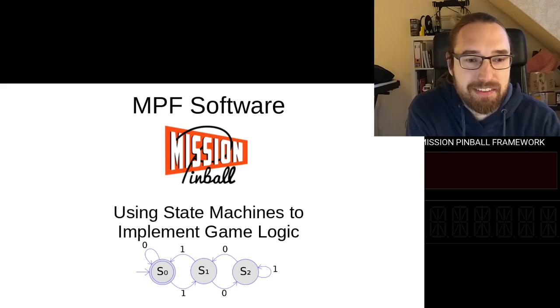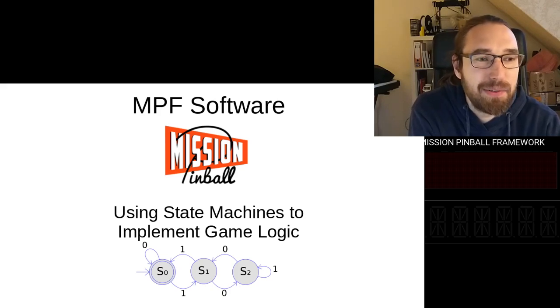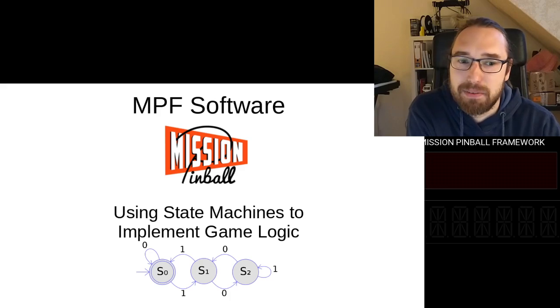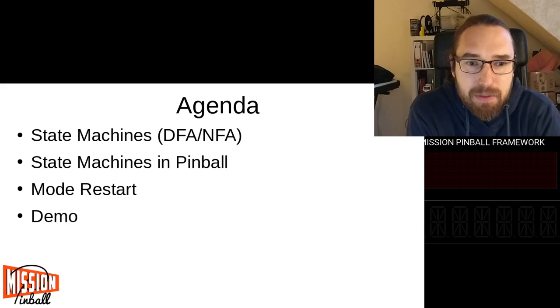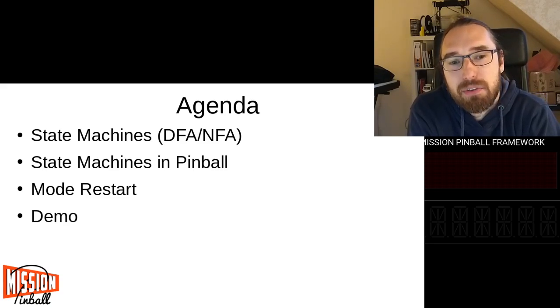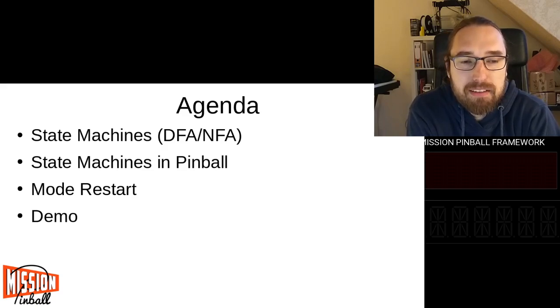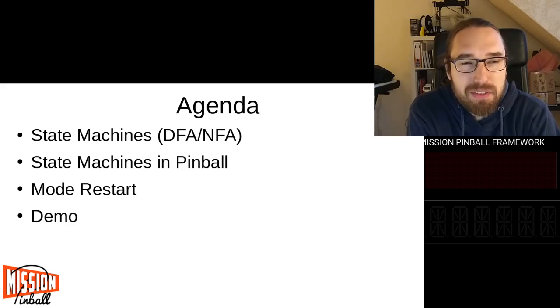We will start at the very beginning, but leave out all the math and just show you the cool stuff about it. So, our agenda today: what are state machines? That will be a short detour into computer science theory, like deterministic finite automatons and non-deterministic finite automatons, and what you need to know about them.